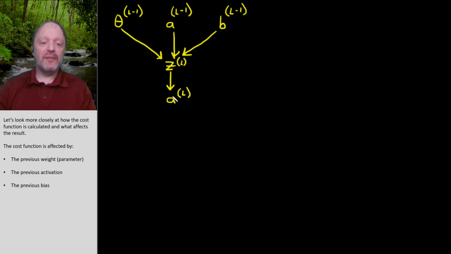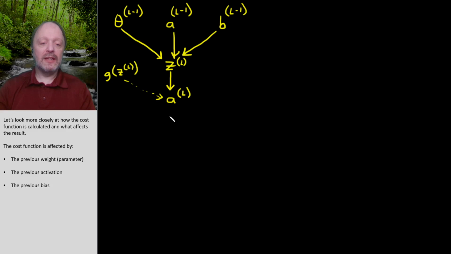But this current activation, I'm going to draw a little dash line here, can also be thought of as the sigmoid applied to the Z. So this activation, this AL, is really just a sigmoid applied to the ZL.